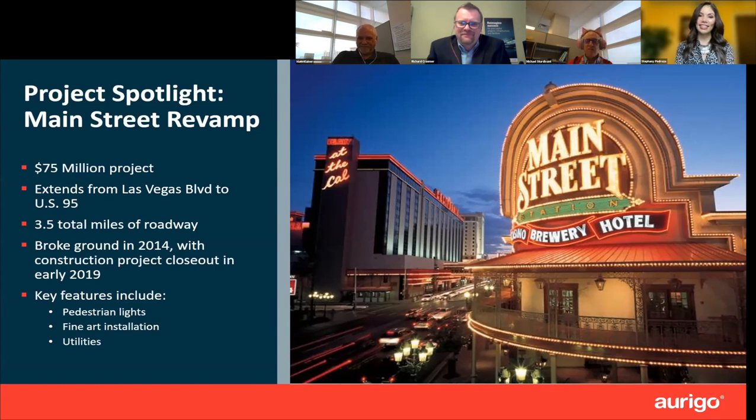But I started at the city back in 1996 as a basic design engineer doing storm drain. And I worked my way up to doing large roadway projects. And this particular one was really important to me. If you've ever been to Las Vegas, Las Vegas Boulevard is what you know. Well, this is Main Street. To me, this is my Las Vegas Boulevard.